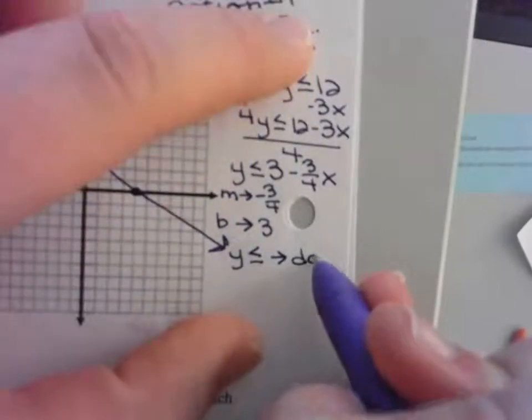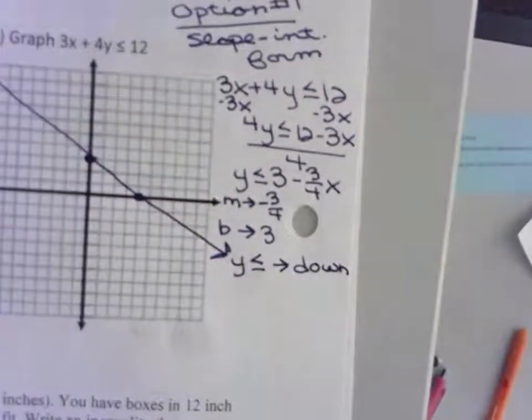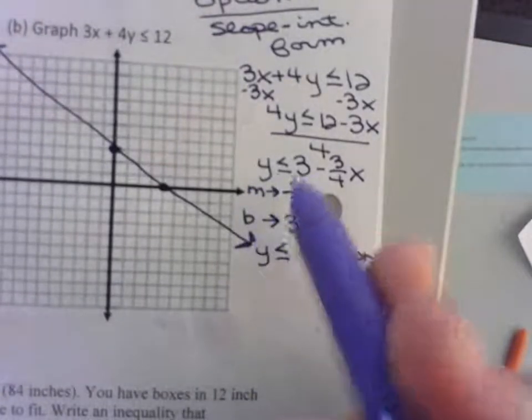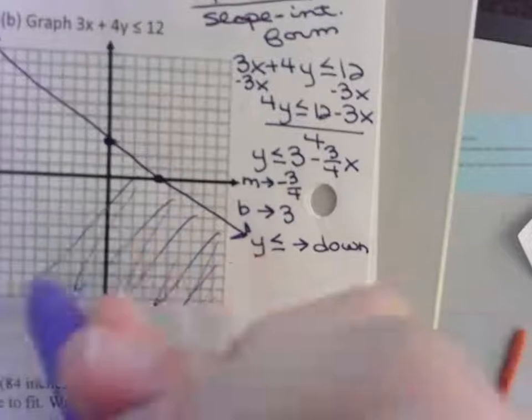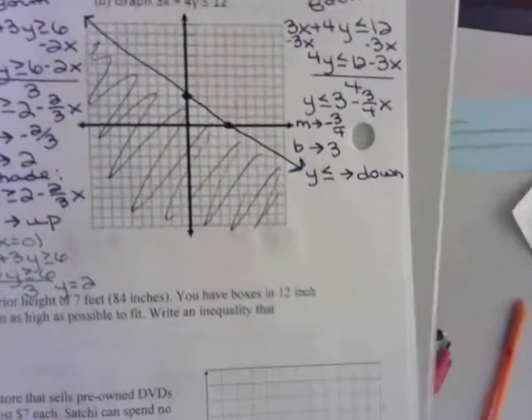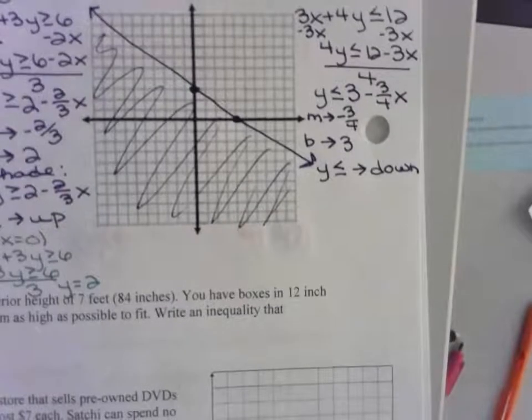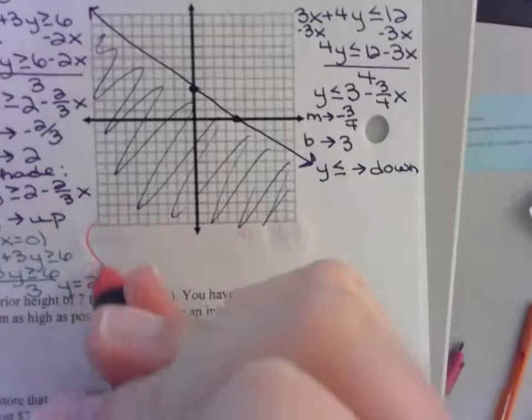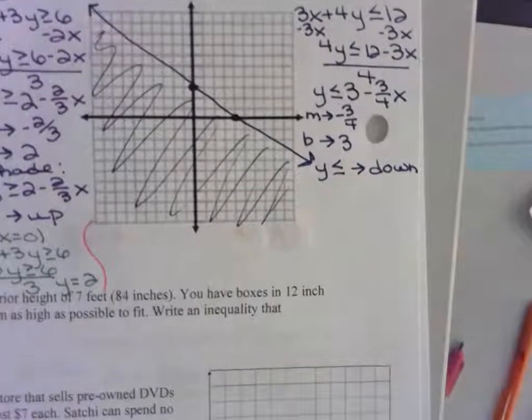Down. So the nice thing about slope-intercept form is you can use a shortcut. If y is less than, in slope-intercept form, you shade down. Okay, like I said, I would assume most of you would like it that way, but I'm showing you both ways so you have an option.